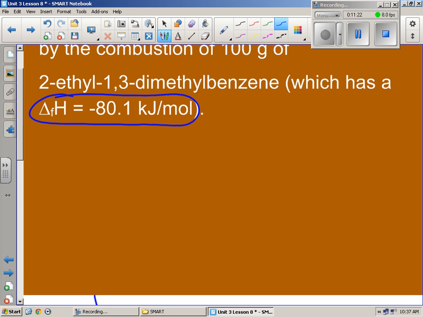This list of numbers that we got from Unit 1, it's not there. You won't find it. 2-ethyl 1,3-dimethylbenzene's not in there. It doesn't make any mention of that. It's too complicated. So they're either trying to help you do a formation reaction, and if it's not formation, if it's combustion, I'm telling you right now, it's Hess's law. Gotta be. That's the only reason they're telling you that.